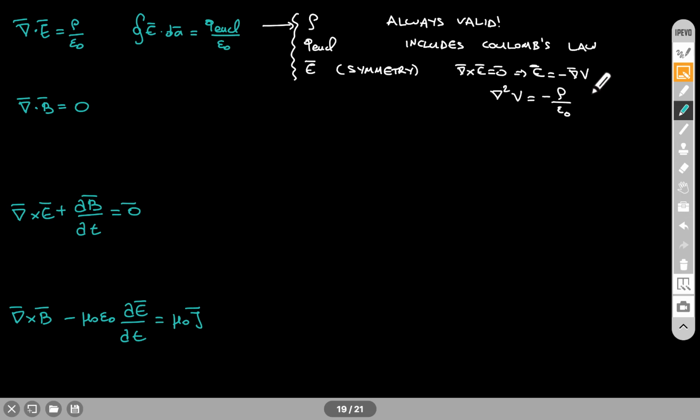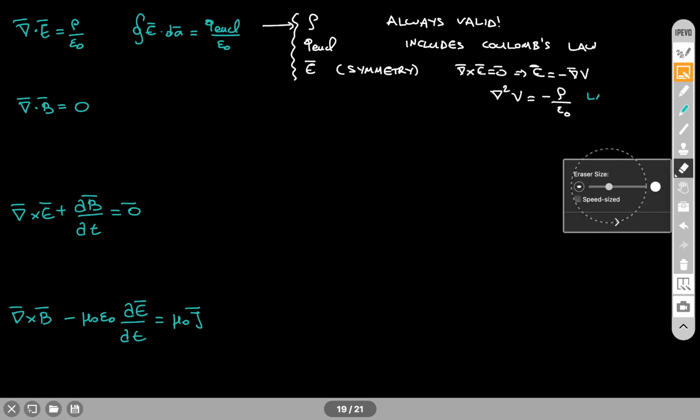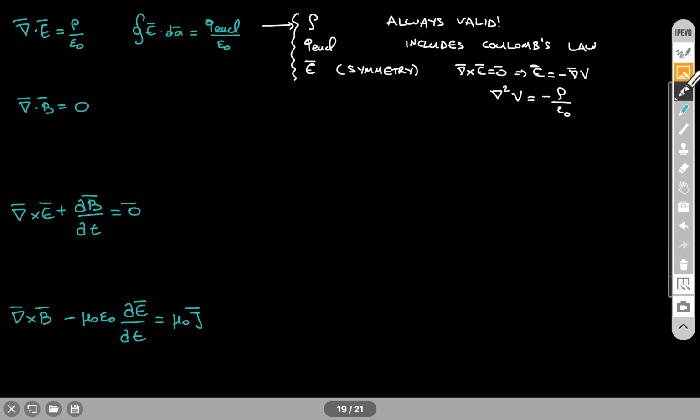The way that I obtained the Laplacian is by using Gauss's law in the differential form, and I plugged in minus the gradient of the potential. You get a Laplacian.